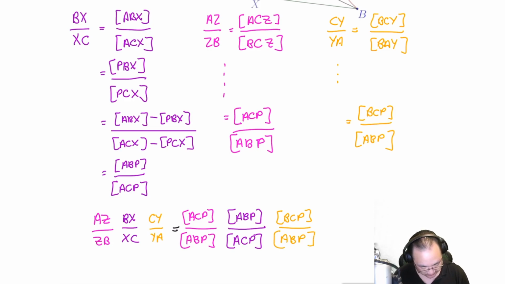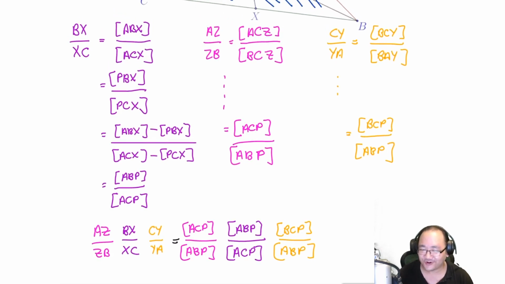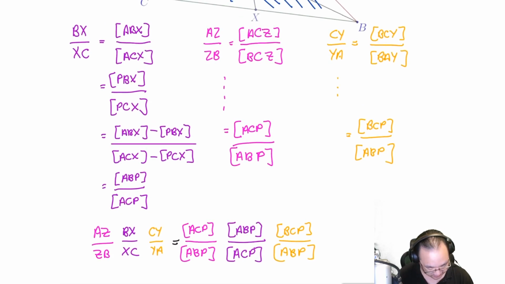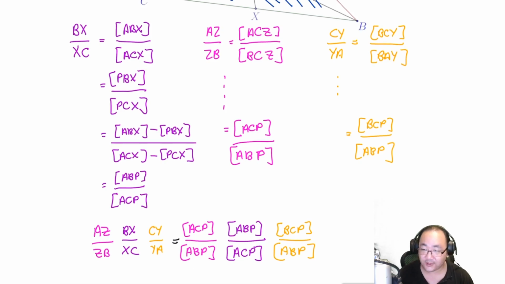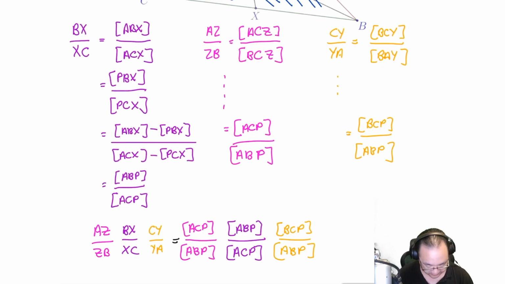Okay, so now we can actually do a bit of crossing out, which is kind of lovely. I feel like I've copied down something wrong. So CY over YA is BCP over ABP. AZ over ZB is ACP over BCP. Oh, I made a mistake, sorry.